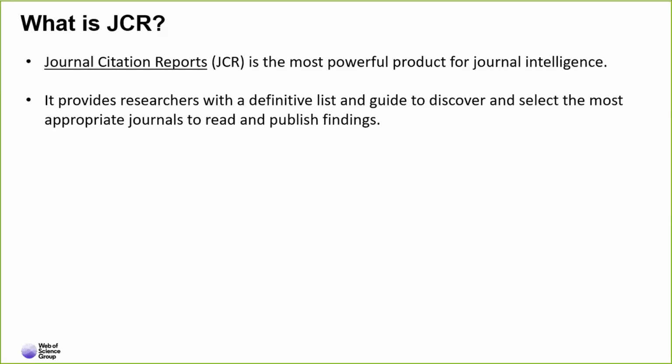It provides researchers with a list to discover the most appropriate journals to read and also to publish. So Journal Citation Reports is used in two main cases. Obviously by librarians, who want to subscribe to the most impactful, most relevant journals. And by researchers or authors to publish in the most impactful, most relevant journals.